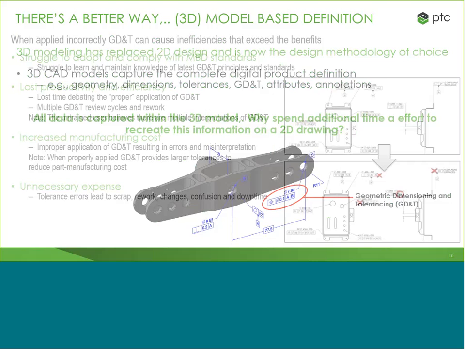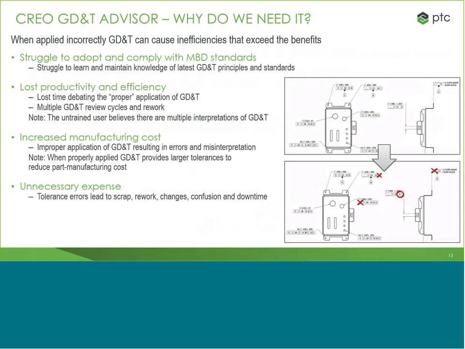So to explain that and to see the value, again, why do we need it? Why do we need the GD&T Advisor extension? So to understand that, you need to realize companies and users are really struggling to adopt and comply with these MBD standards. Why? Because standards always change. You have new principles, you've got new standards.